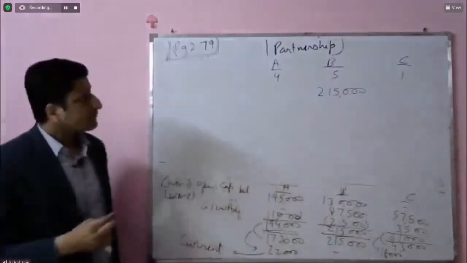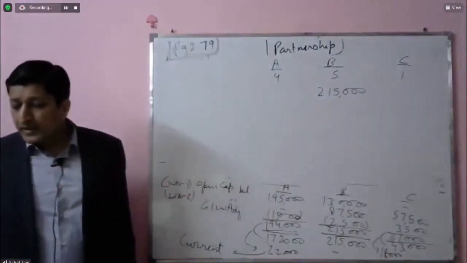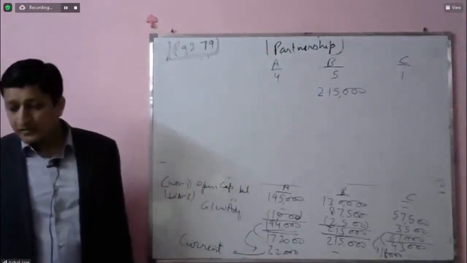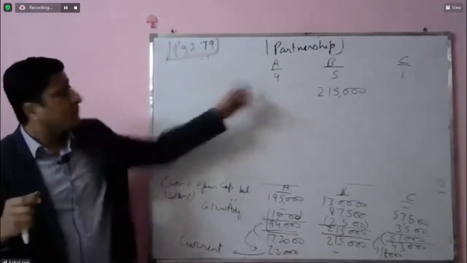So 2,15,000 will be multiplied with what? 2,15,000 will be multiplied with 4.